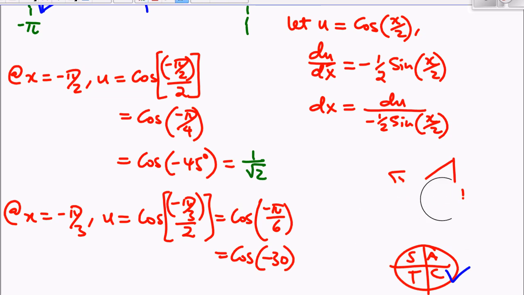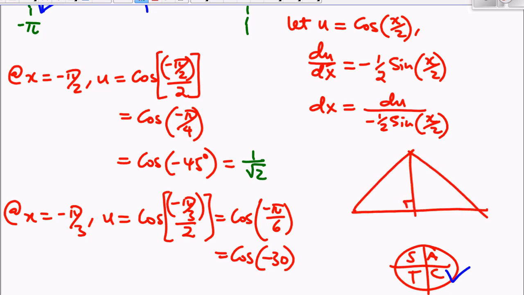Now, cosine of negative 30, you can use the special triangles to figure that out. So 2, 1, root 3, this is 30. Again, that's on the fourth quadrant, not the third quadrant. That will be root 3 over 2.